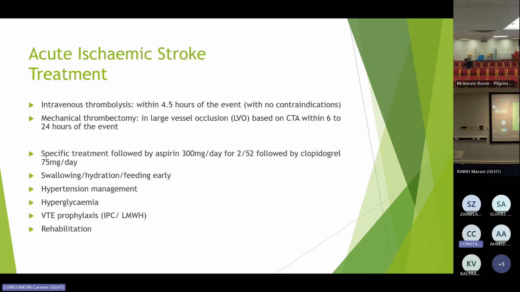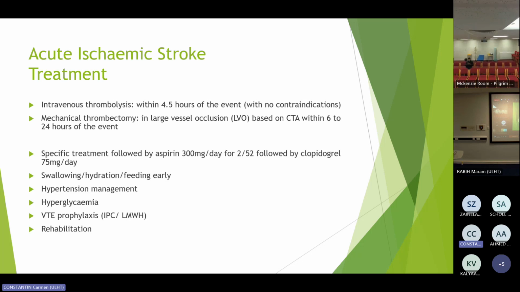VTE prophylaxis is very important. The stroke team could decide if we need the mechanical version, so Flowtrons or intermittent pneumatic compression stockings, which are the standard treatment for prophylaxis in ischemic stroke as per the stroke guideline. But the alternative is low molecular weight heparin, where the dose has to be agreed with the stroke team.